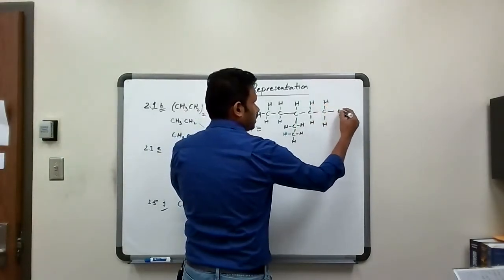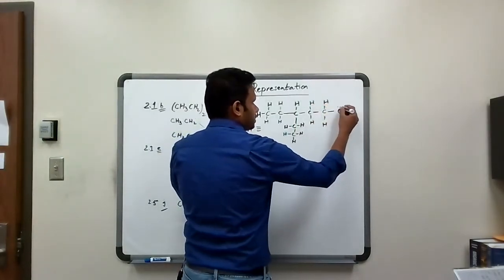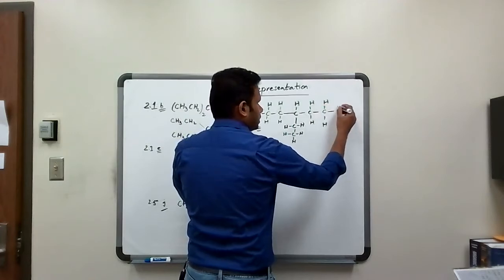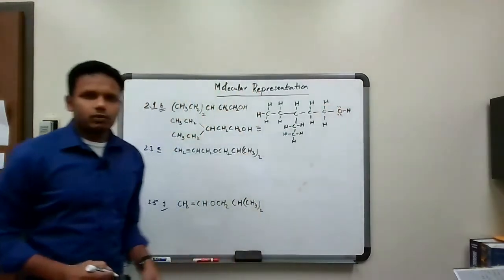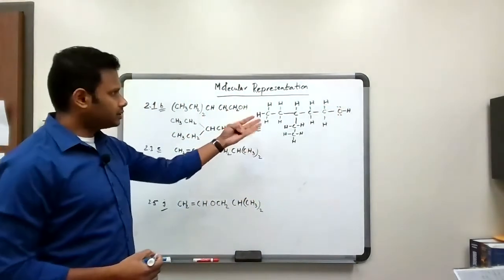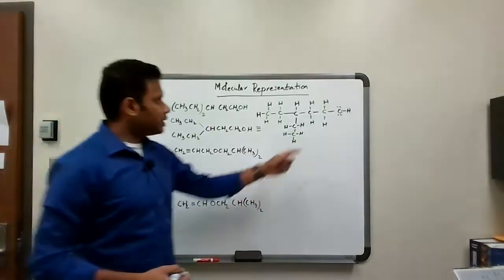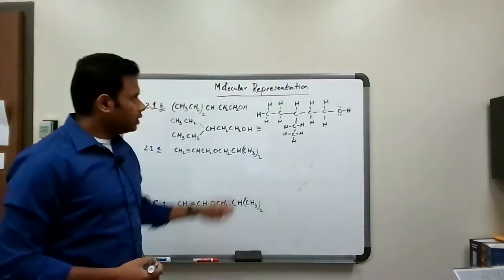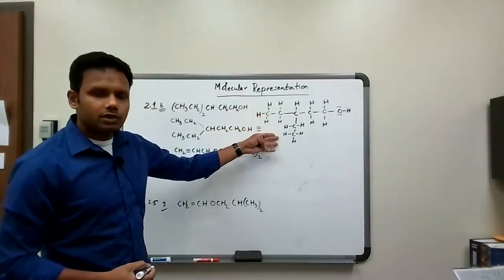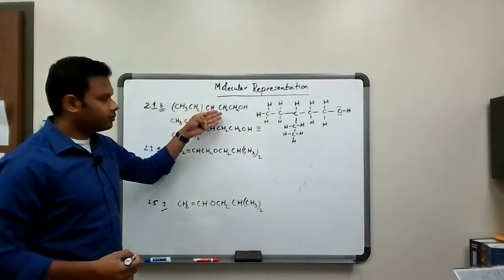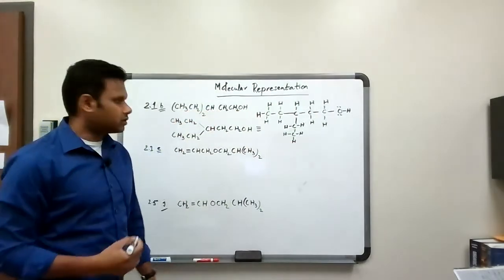Since this is a Lewis structure, I will include those lone pairs on the oxygen. So when oxygen makes two bonds, it should have two lone pairs. So this would be a Lewis structure for the given condensed structural formula.